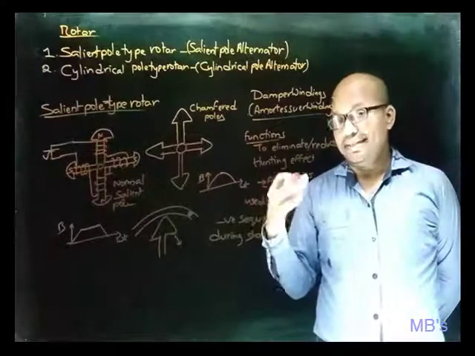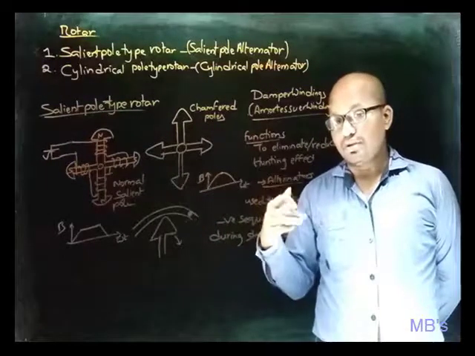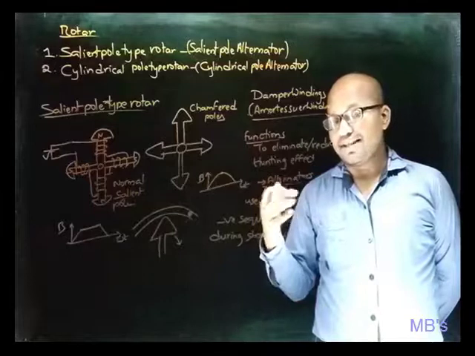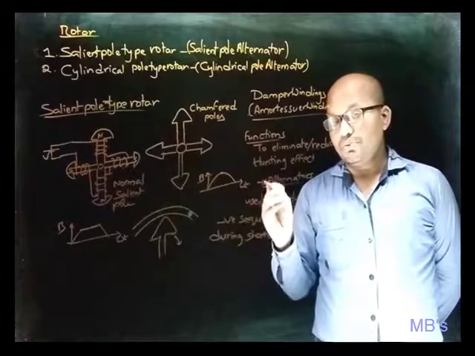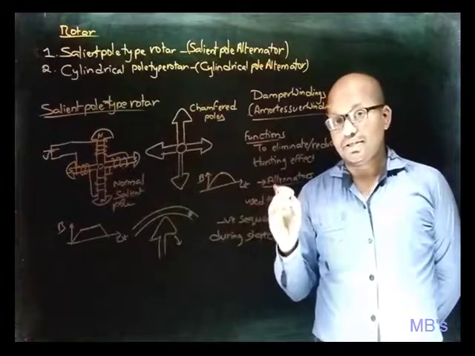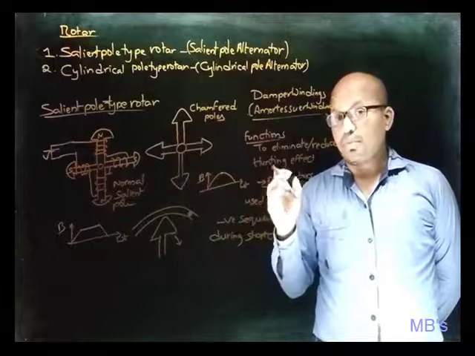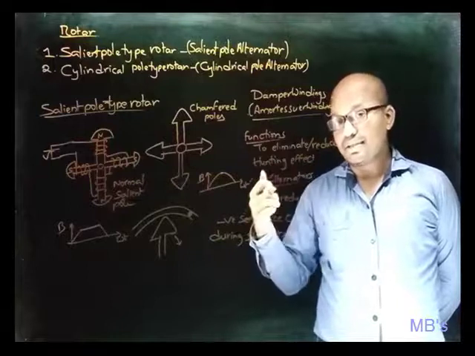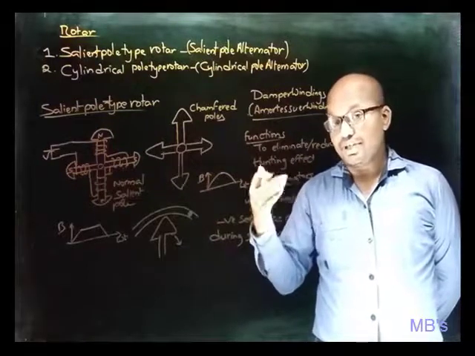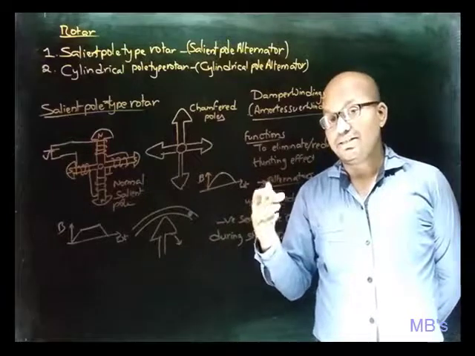Because of those negative sequence currents, the rotor gets heated up and obviously gets damaged. So in order to avoid that, damper windings are provided. Damper windings provide the path for those negative sequence currents and reduce them so that the rotor will not get heated up.